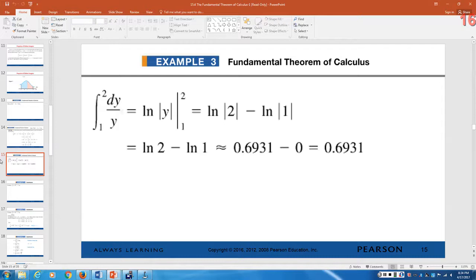This one's actually got the answer on there, so maybe I'll just go ahead and explain how we're doing this one, because this is one where we're ignoring the 2 and the 1 for the moment. You've got the derivative of y over y. In other words, that is the integral of 1 over y dy.